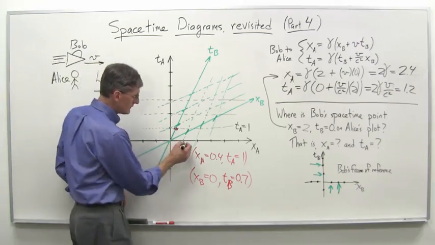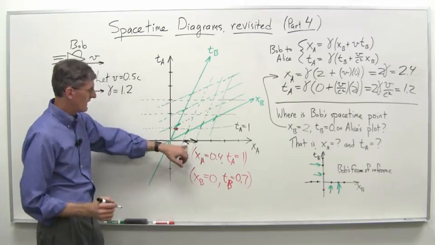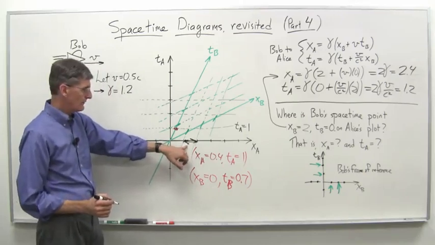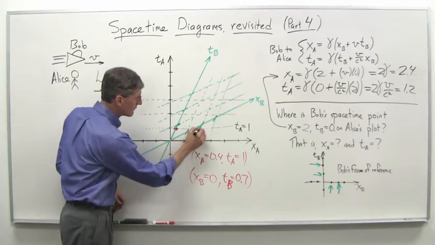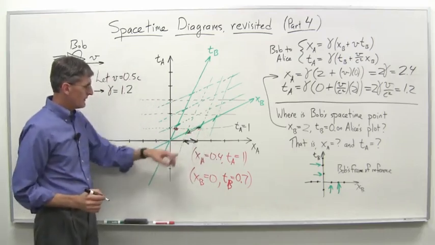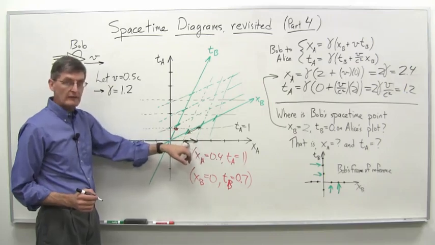Let's say just this distance here, right there, is a standard length of 1 to Alice, right? Okay. A standard length of 1 to Bob is this vertical line here on this plot. Okay. Clearly, this line is longer than that line.